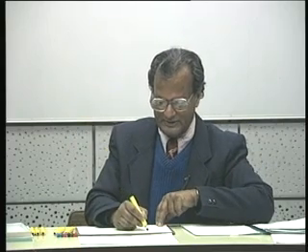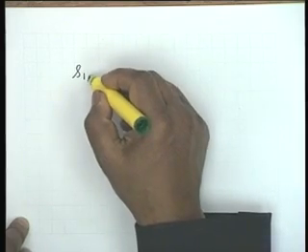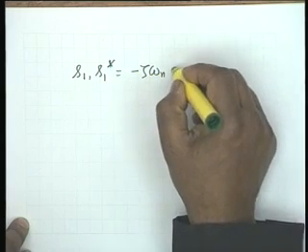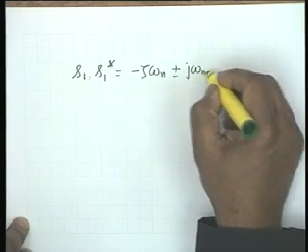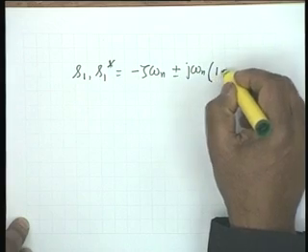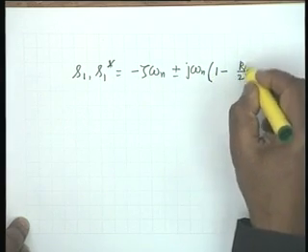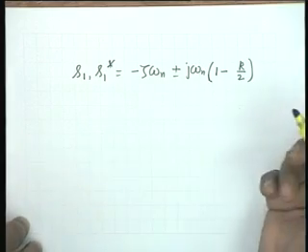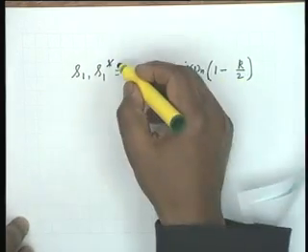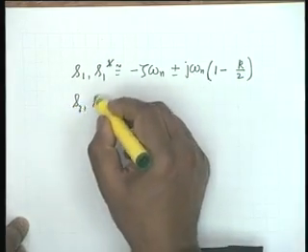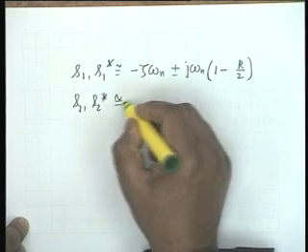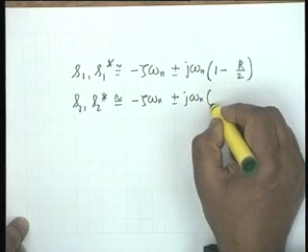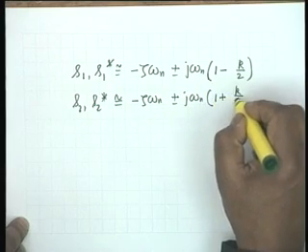With this assumption, we approximated S1 S1 star as minus zeta omega n plus minus j omega n times 1 minus k by 2. You should understand how this minus sign comes. It is 1 plus k to the power minus half, and that is why 1 minus k by 2 comes, and S2 S2 star is approximately equal to minus zeta omega n plus minus j omega n times 1 plus k by 2.